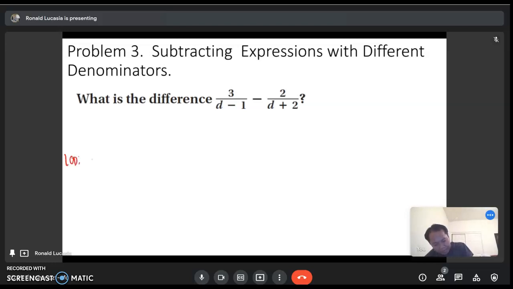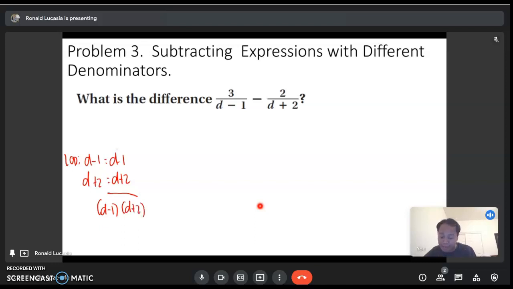So this is d minus 1, which can no longer be simplified. And then d plus 2, which can no longer be simplified also. Since there is no common factor between d minus 1 and d plus 2, you can bring down d minus 1 and d plus 2.